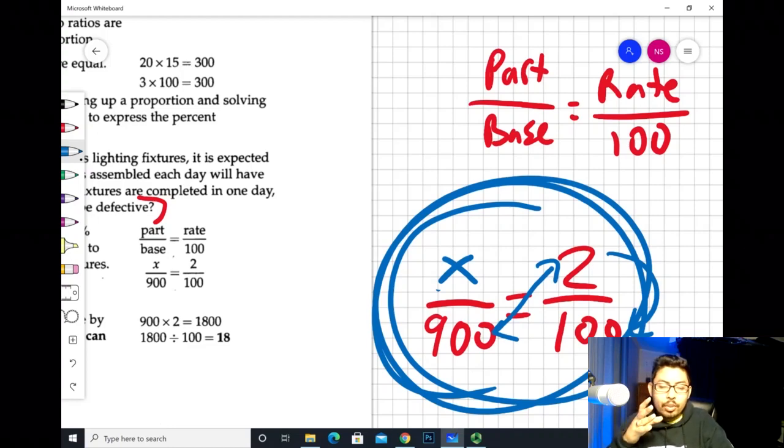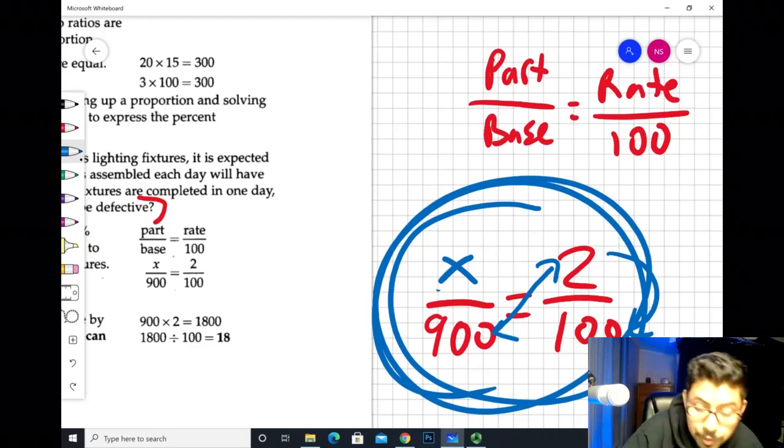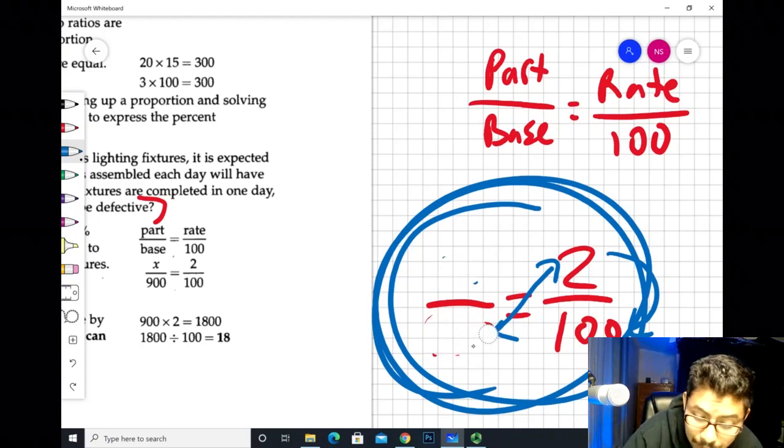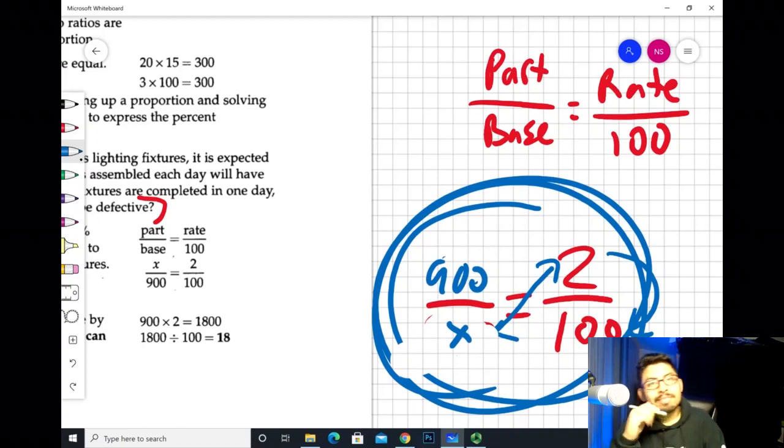Most of you are going to get your part and your base confused. Some of you, when you go to do your setup, are going to put the 900 above and the x below, just because you didn't really analyze the question very well. So please just focus on your part, base, and rate. Well, the rate is easy. It's always going to be the percent. And always focus on your setup. And then always do the math correctly too.